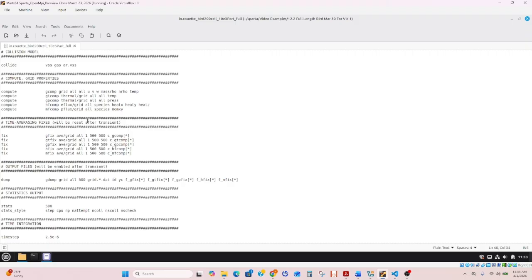it'll average those. And then we go down to where we dump, and we're saying we're going to do a grid dump on grid all, and every 500, it's going to dump all this data into a file that's going to be called grid, and then the time step number, dot DAT. And this is where it's telling you what it's going to dump.